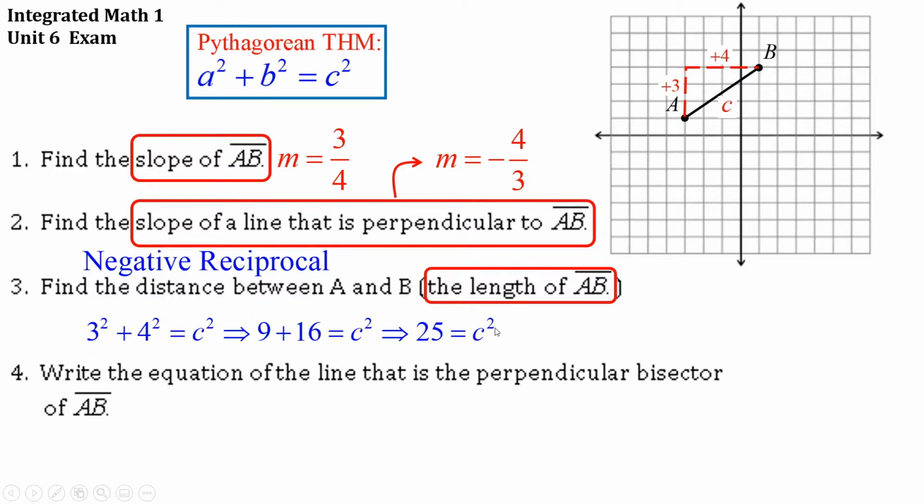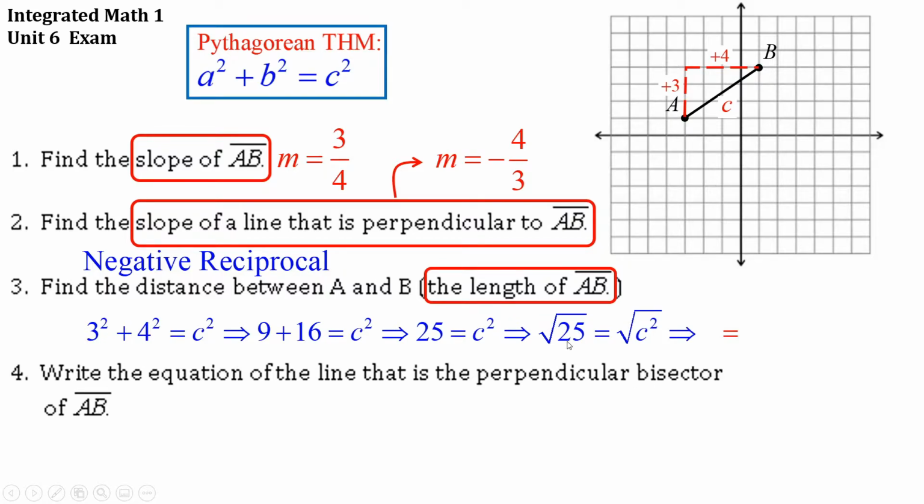And then to solve for the c, we have to take the square root of both sides of this equation. So I'm going to write the square root of 25 temporarily, and that has to equal the square root of c squared. Now, if you know this square root, write the whole number. If you punch this out on a calculator and you get an irrational number, like a decimal just going on forever, just leave it written in radical form.